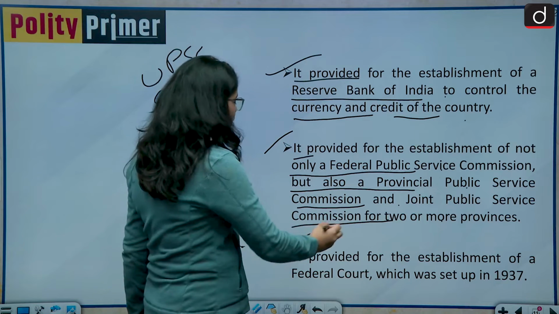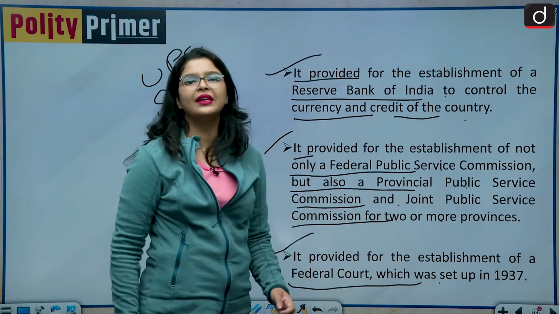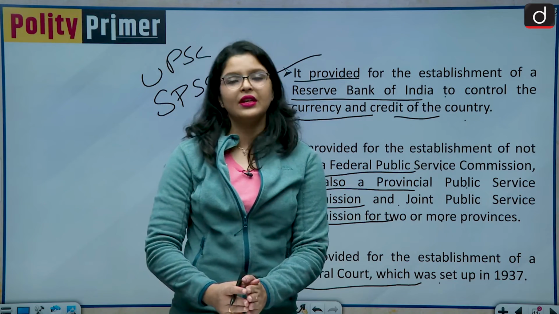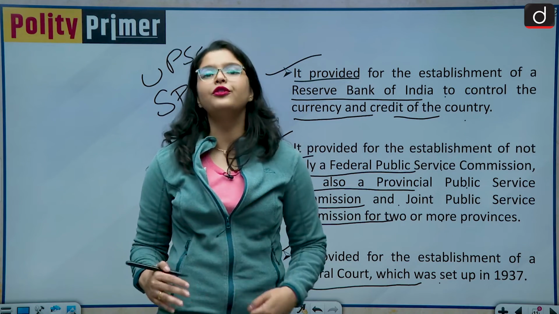Okay. It also provided for the establishment of a federal court, which was set up in the year 1937. So this federal court eventually became the Supreme Court of India.